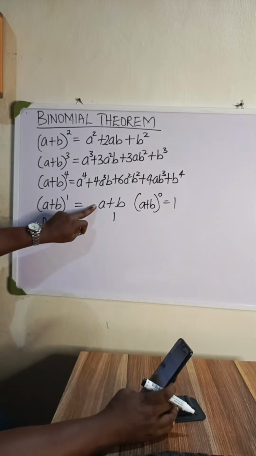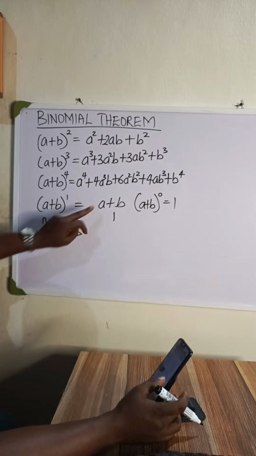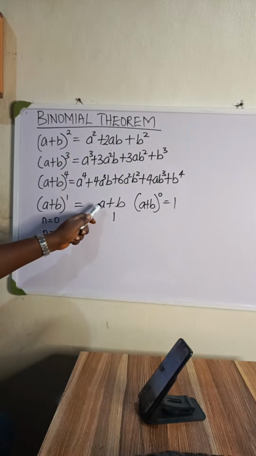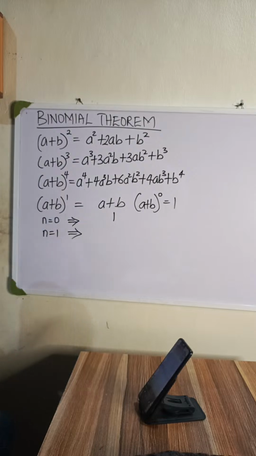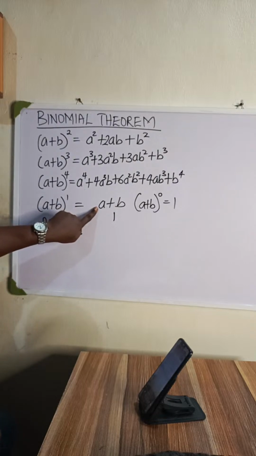What's the coefficient of a? Somebody say 3. Coefficient of a here is 1, right?